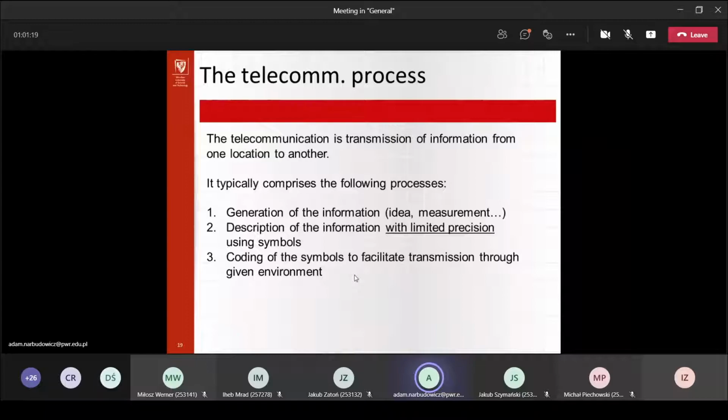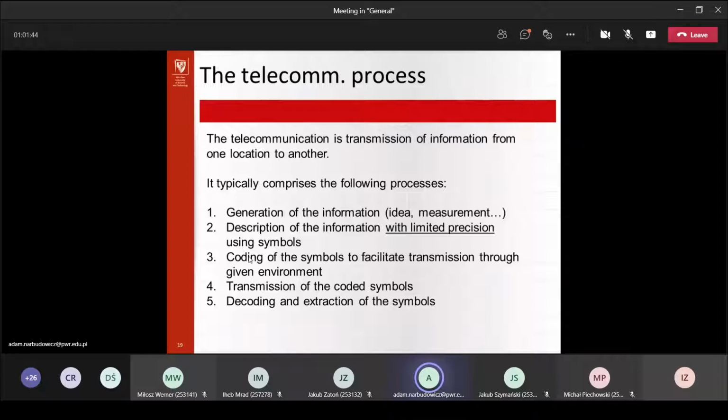But in order to send that file, you typically need to code it in a certain way that it will not get corrupted when transmitting over the channel, right?